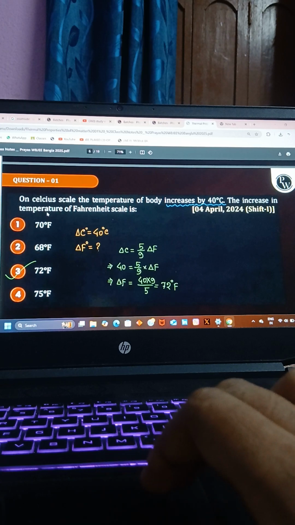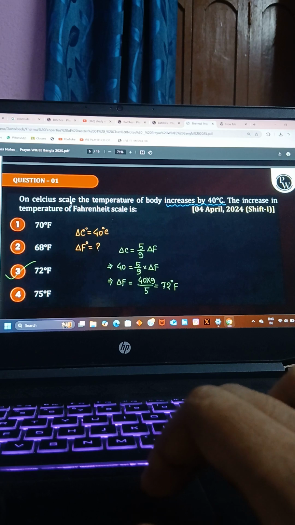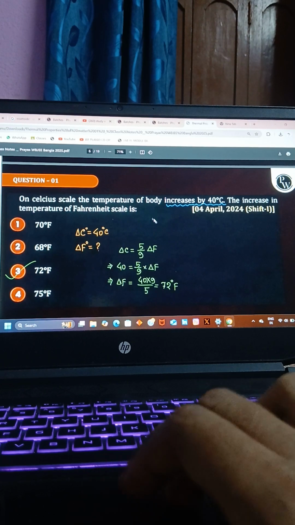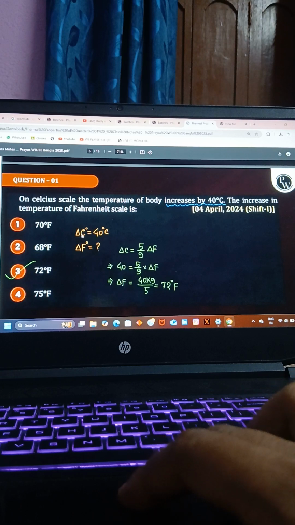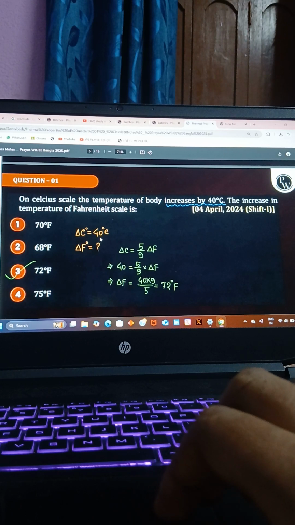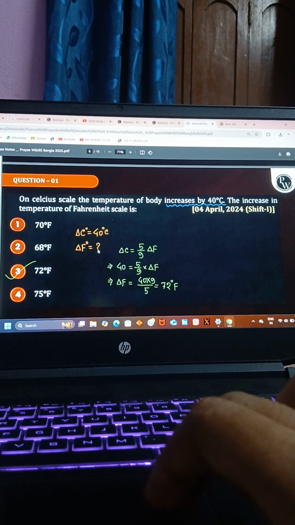Best question in this topic: on the Celsius scale the temperature of a body increases by 40 degrees centigrade. The increase in temperature on the Fahrenheit scale is? If the change in the Celsius scale equals 40 degrees Celsius, then what will be the change in the Fahrenheit scale?